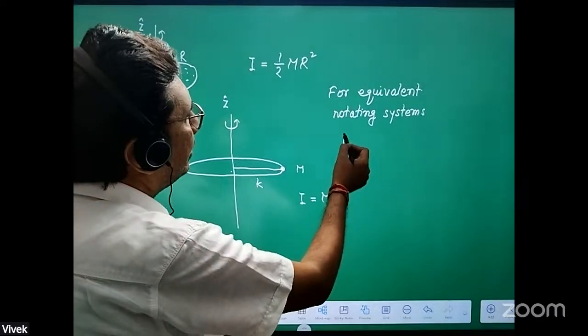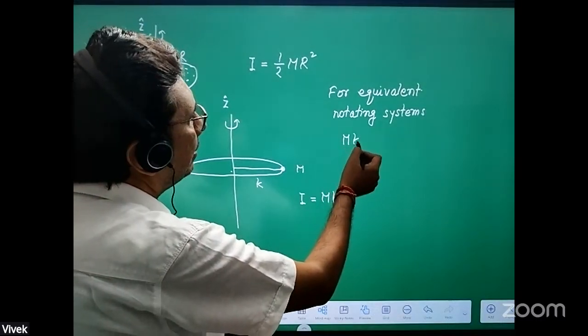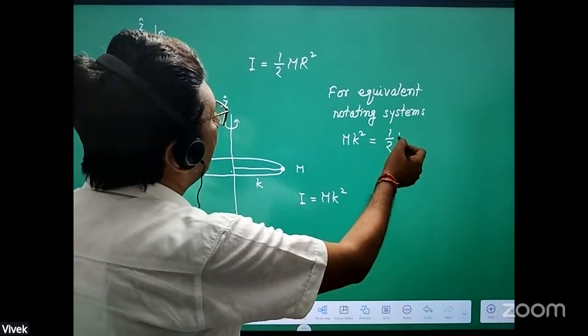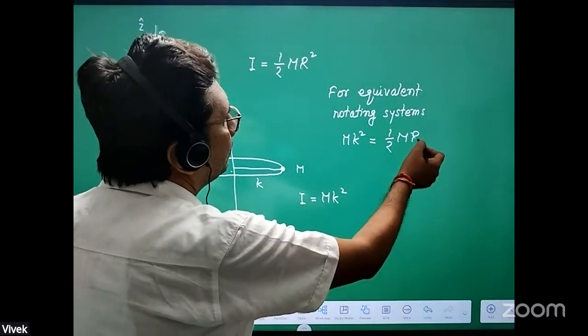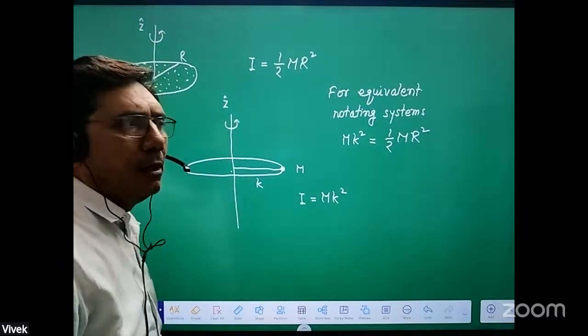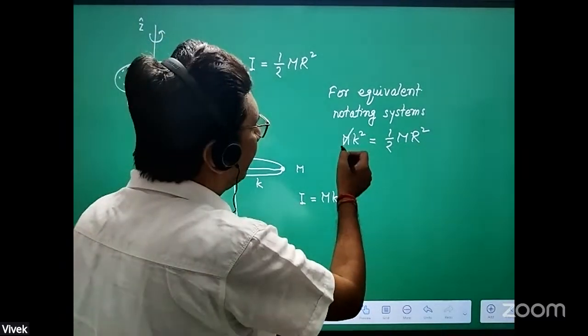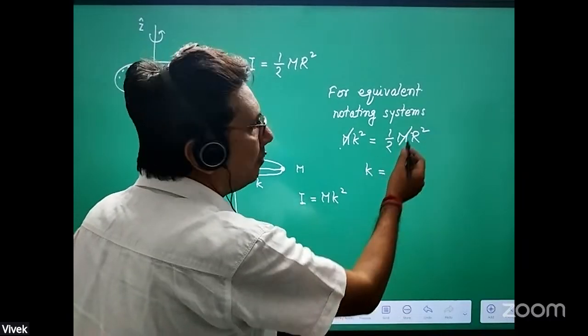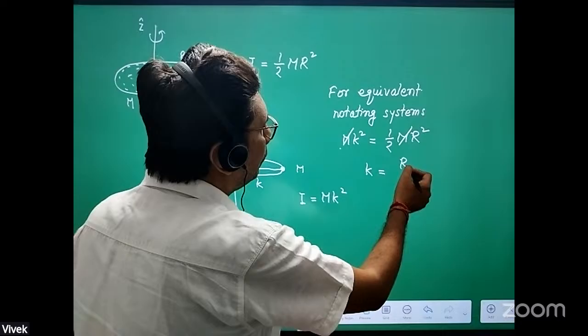It means this mk square should be equal to 1 by 2 mr square. So m will cancel out here, and what will be k here? k will be r upon root 2.